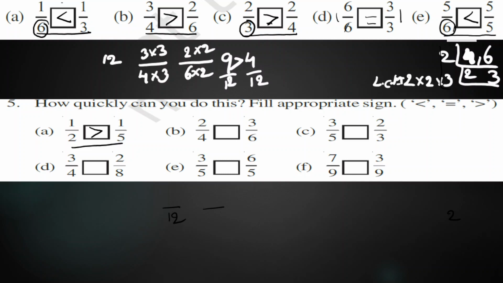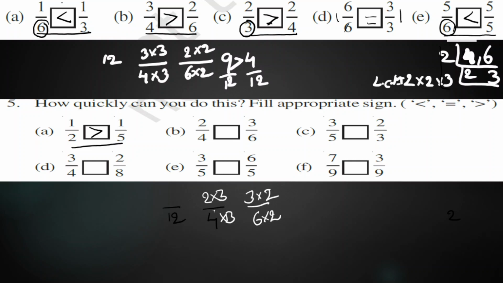The equivalent fraction of 2 by 4 is obtained by 4 into 3, and we need to multiply both numerator and denominator with the same number. And the equivalent fraction of 3 by 6 is obtained by 6 into 2.